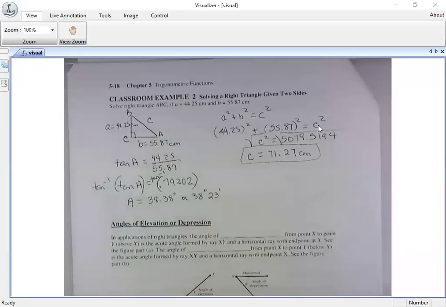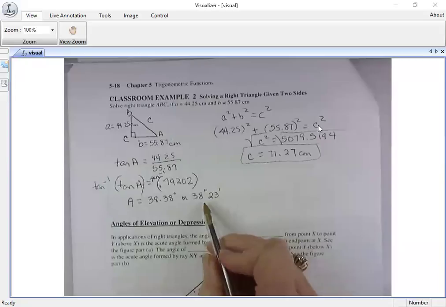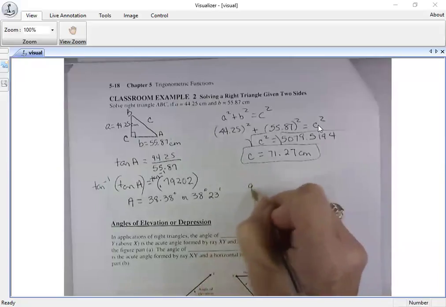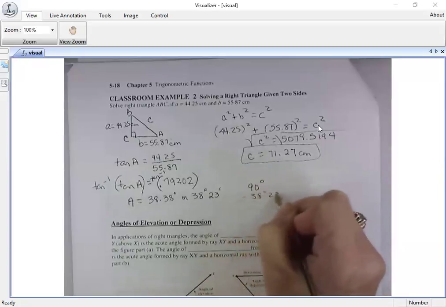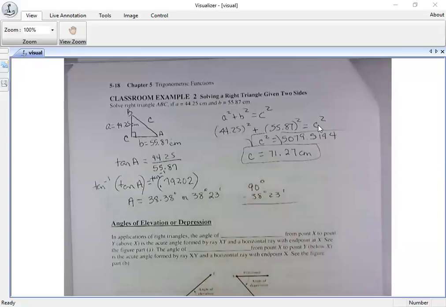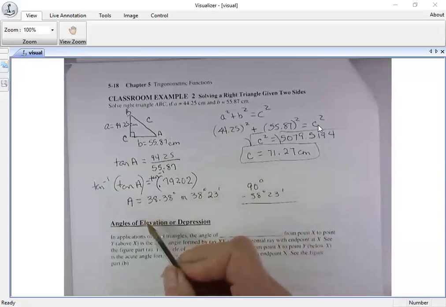Now, do we need to use trig to get the third angle measure? We can, or we could do what? Yeah, find the complement of this. If we wanted to take 90 and subtract 38 degrees, 23 minutes, we could certainly do that because you can set it up with another trig ratio if you want.